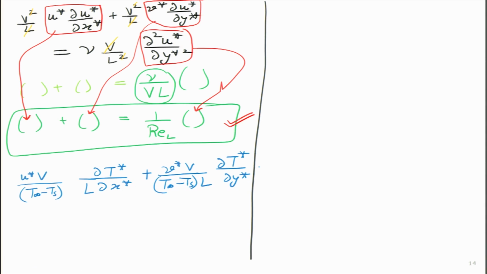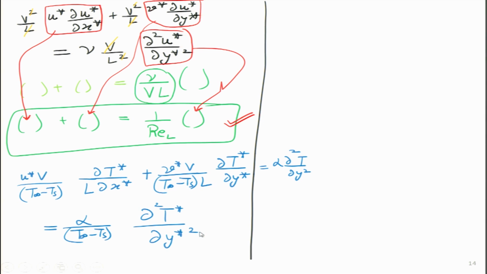The right hand side was simply alpha del square T by del y square. If I non-dimensionalize this, I will get alpha divided by T infinity minus Ts, and the numerator will be del square T star. Denominator I want to make del y star square, so L square I have to put outside.